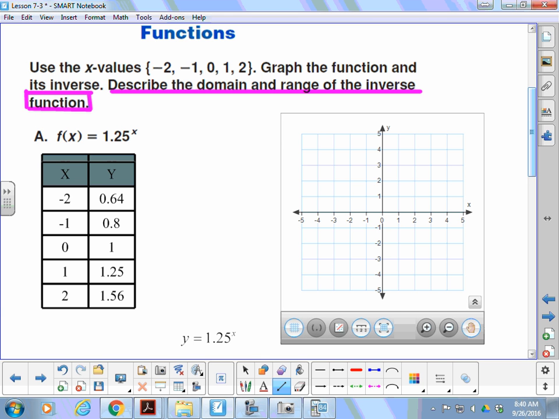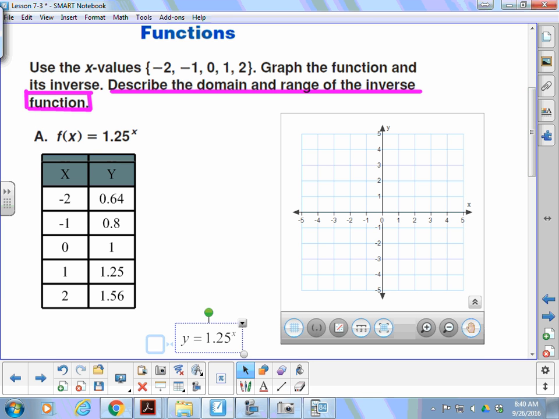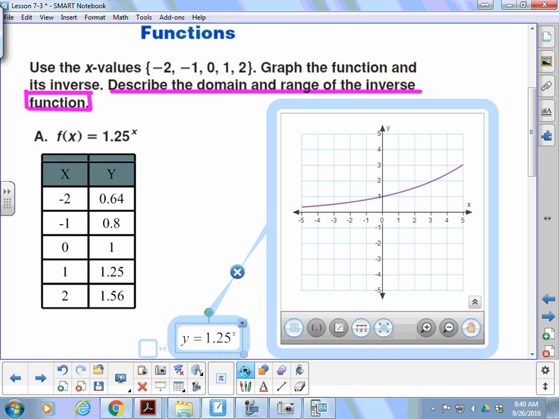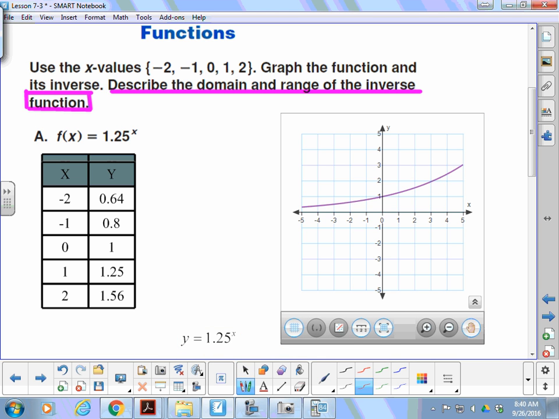And just like when we were graphing inverses on Friday, to graph these inverses we do the same thing. We just switch x and y. So here's the graph of y equals 1.25 to the power of x. So we graph the inverse.